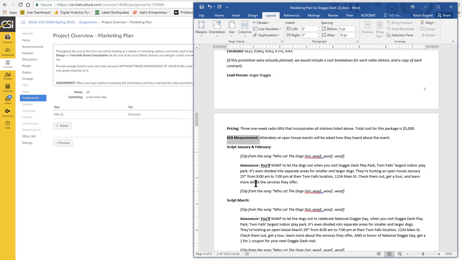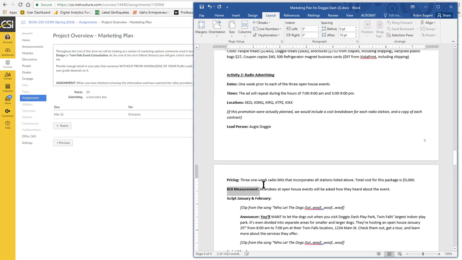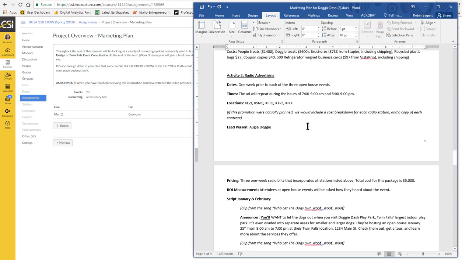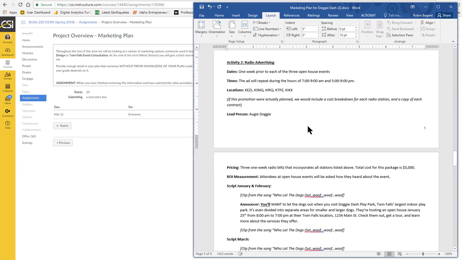And you should be able to answer it with a simple yes or no. Did it meet the return on investment criteria that you established at the beginning of the timeline? In our case here, this second activity is radio advertising.